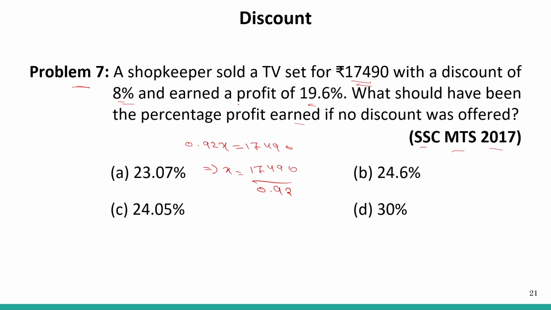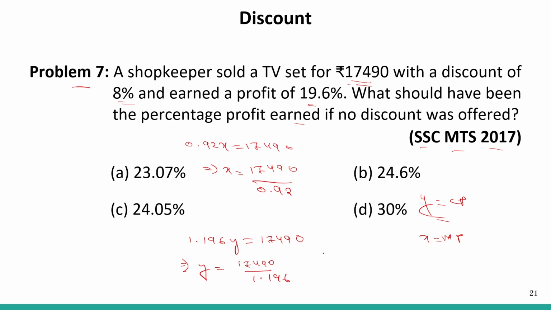He earned a profit when he sold for this. So given that 1.196y is equal to 17490, it is not x, it will be y, because here y is the cost price and x is the MRP, the mark price. So this implies that y is equal to 17490 by 1.196.